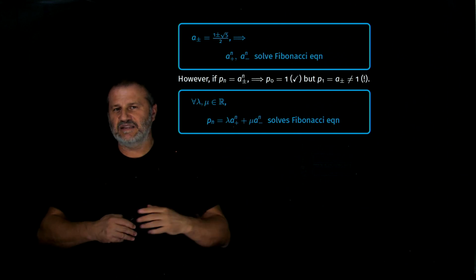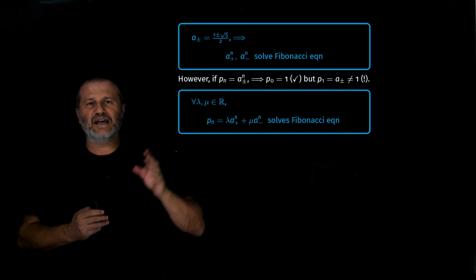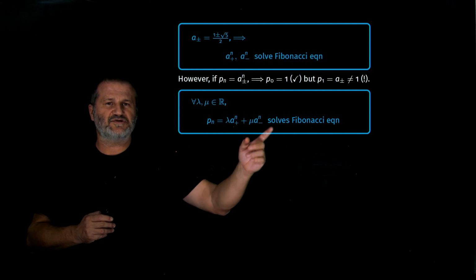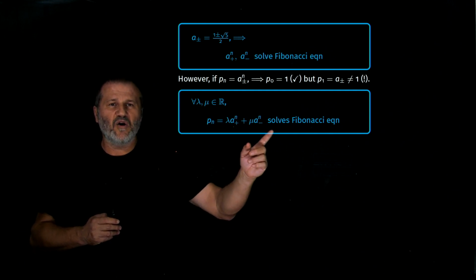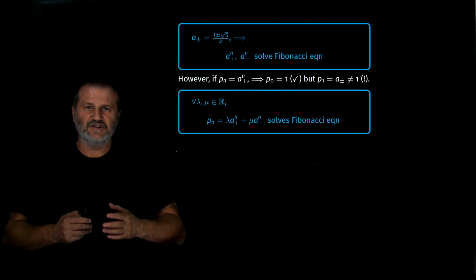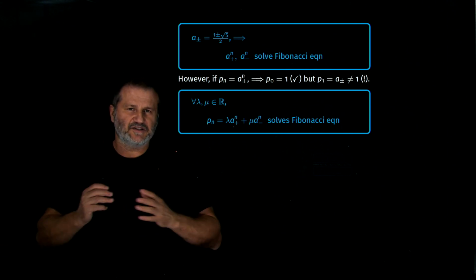We can take any combination with the coefficients lambda and mu taken arbitrarily in the reals, and you can prove that this Pn, constructed in this way, will always solve the Fibonacci equation. I invite you to verify this. It is not complicated.